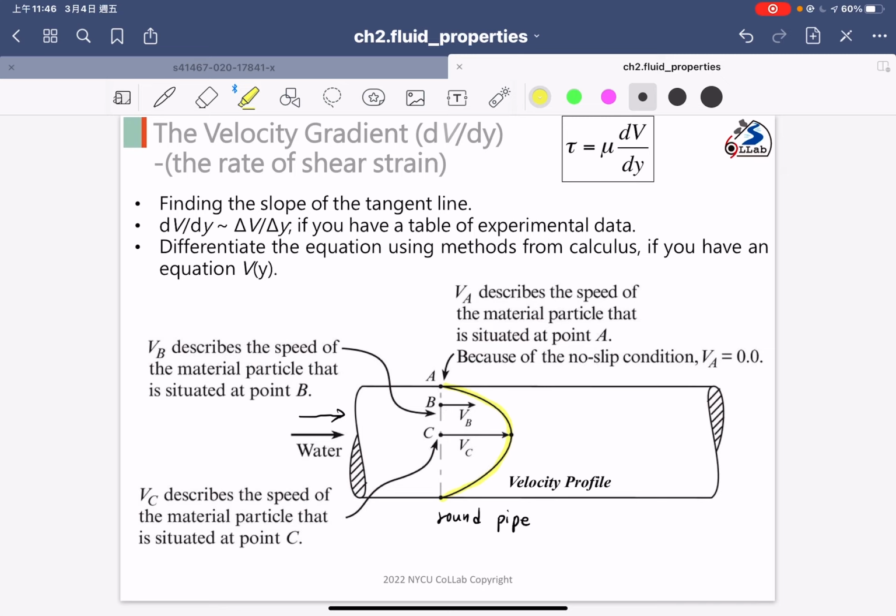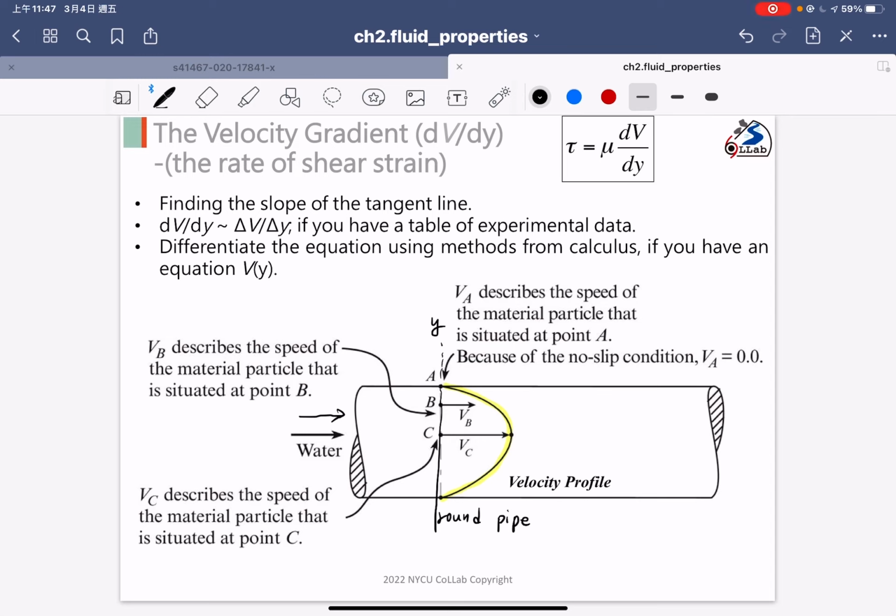This is our velocity profile, and along this direction is the y direction. So we know the velocity as a function of the y direction is hyperbolic, a parabolic distribution.